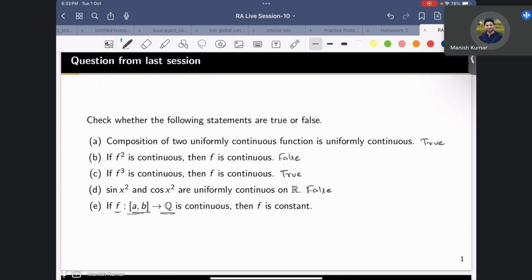So what do you think? Is it true that any continuous function, so the statement could be any rational valued continuous function is constant? So is this true? That any rational valued continuous function is constant.